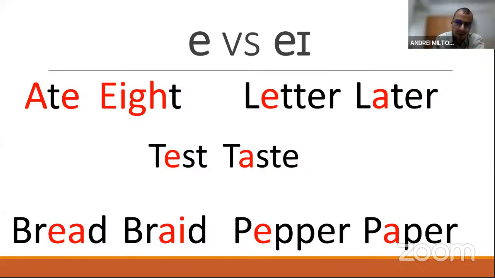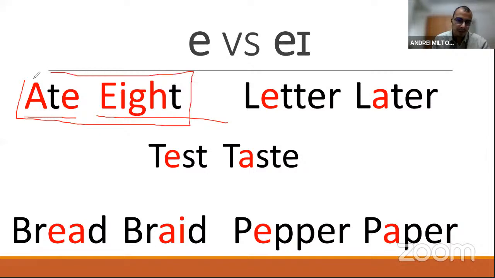For example, some of you I'm hearing... the correct pronunciation is eight. Sorry, this is not the correct one, I just modified it. Okay, the next one: letter and later. We'll correct this one.